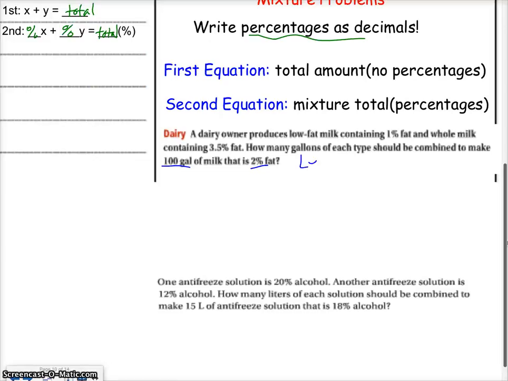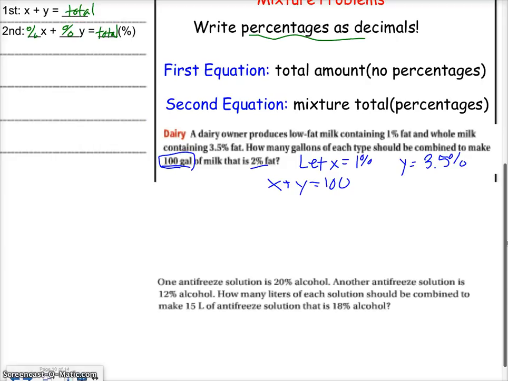So I'm going to let x equal 1% and let y equal 3.5%. Okay, and then what we're going to do is you always have your total, so x plus y equals, I want a total of 100 gallons, so x plus y equals 100.